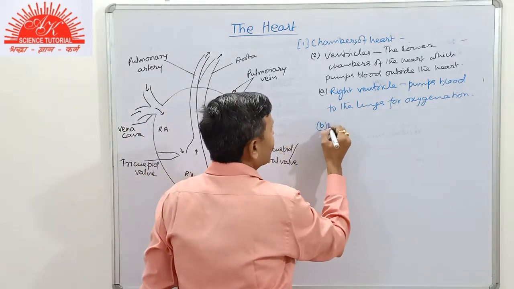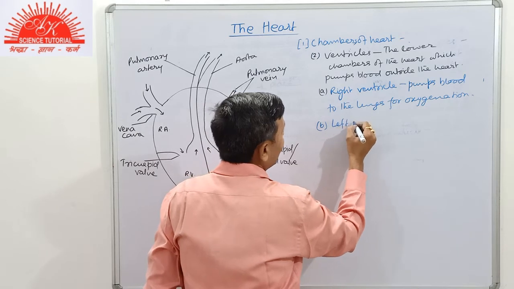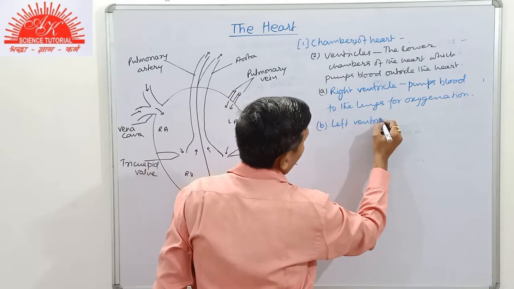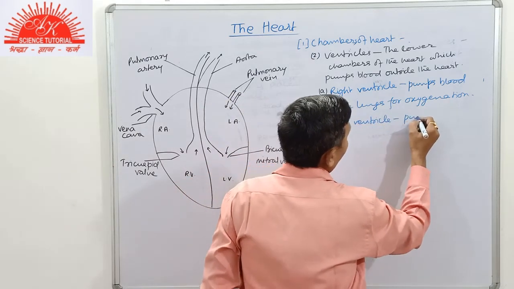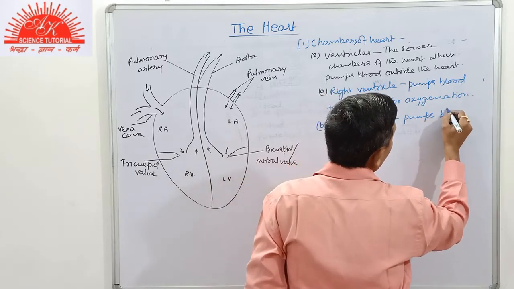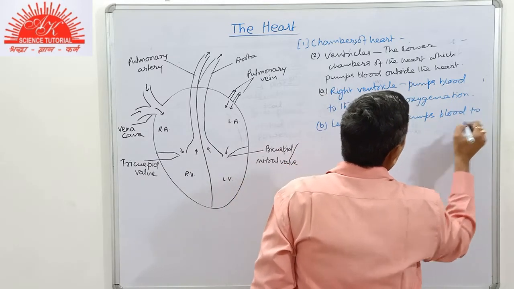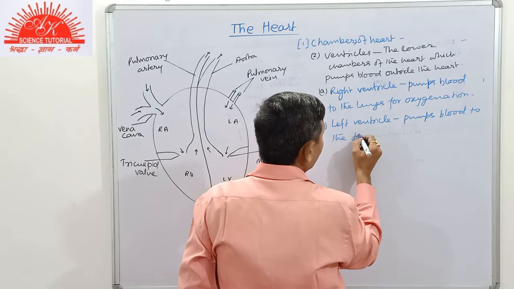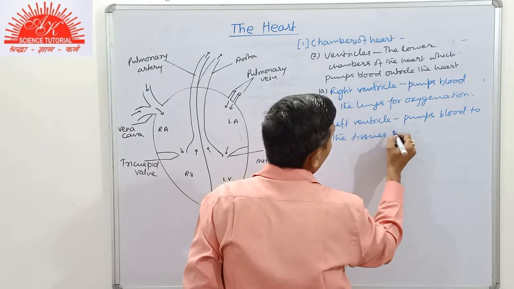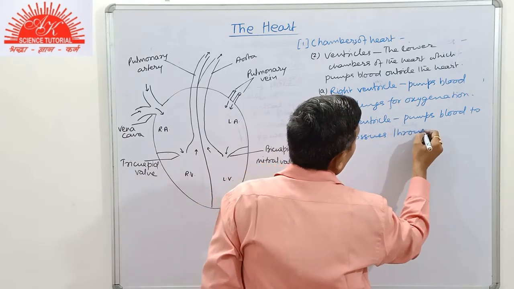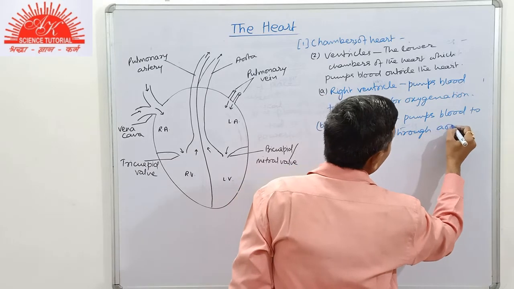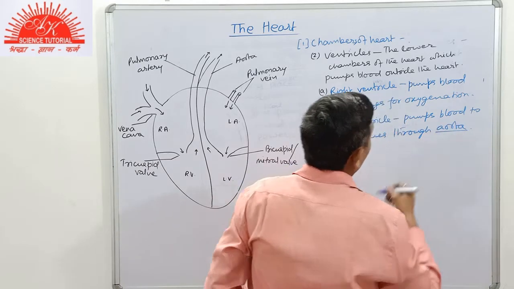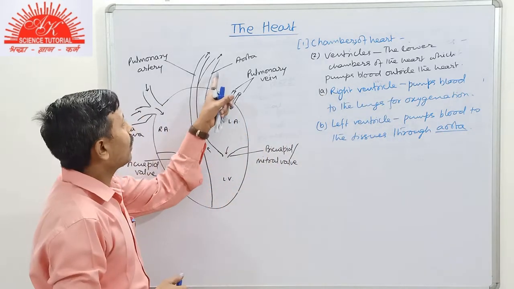And the second part, the left ventricle, pumps blood to the tissues through the major artery called the aorta. This is the aorta.